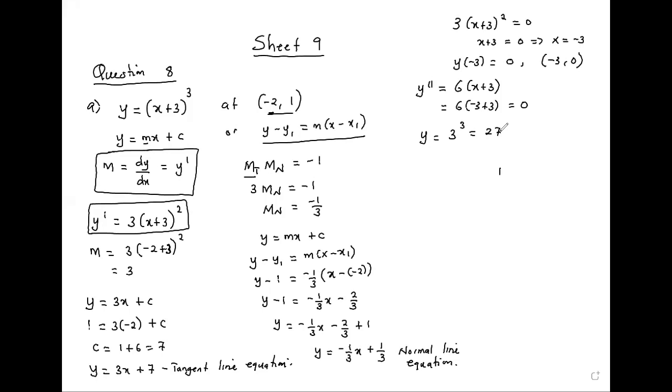So we can sketch. So we have an intercept at -3. So the function is going to be of which nature? Of this nature.